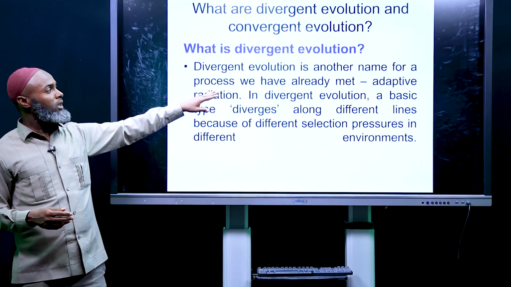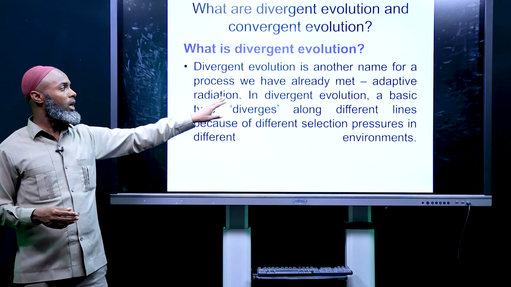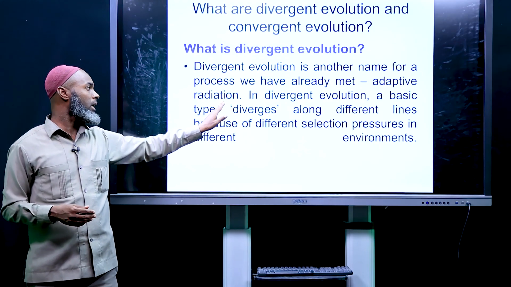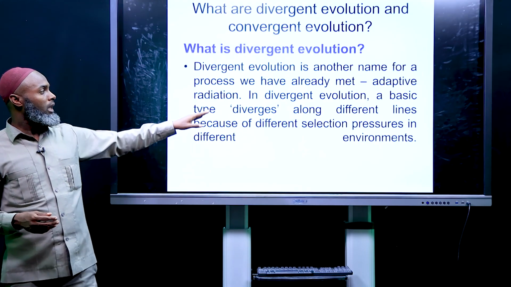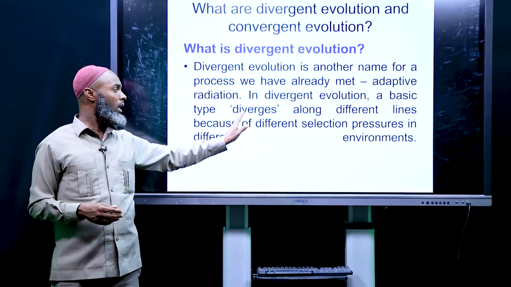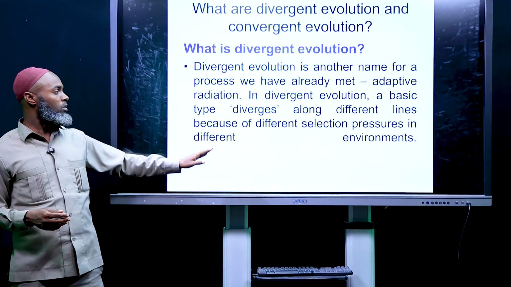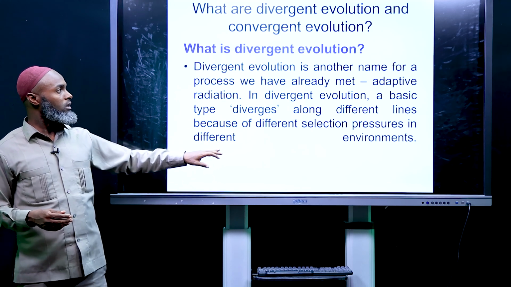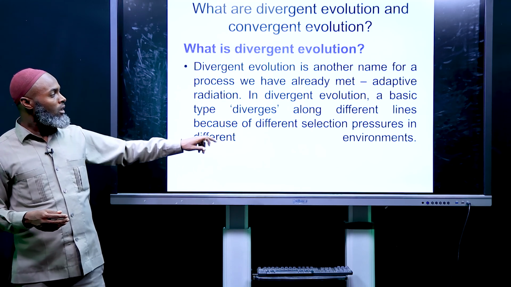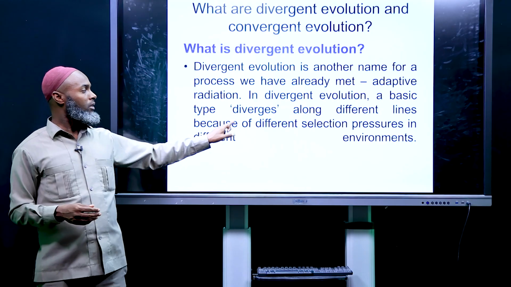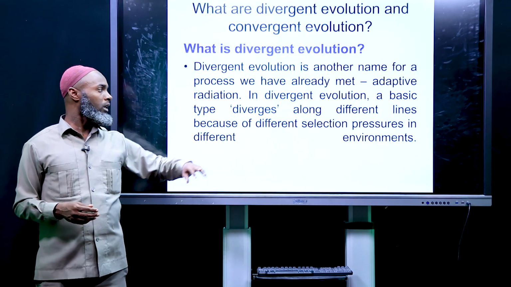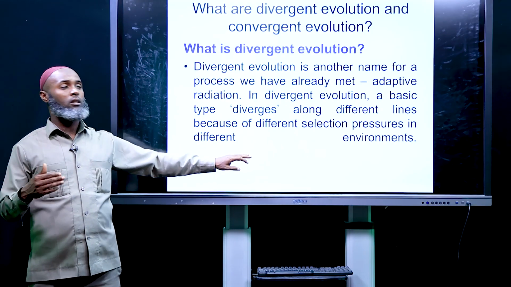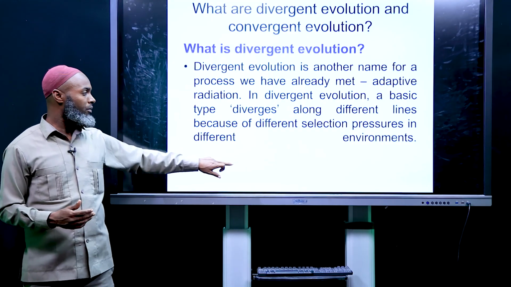Divergent evolution is another name for a process we have already met, adaptive radiation. In divergent evolution, a basic type diverges along different lines because of different selection pressures in different environments.